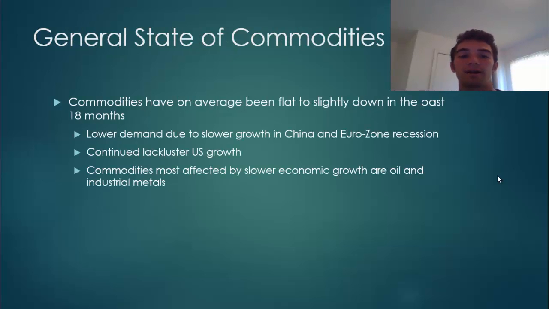The general state of commodities, on average, has been flat to slightly down in the past 18 months, and this is a big issue of demand. There's been lower demand due to slower growth in China and the Eurozone recession, and also continued lackluster U.S. growth. The commodities most affected by the slower economic growth are oil and industrial metals.